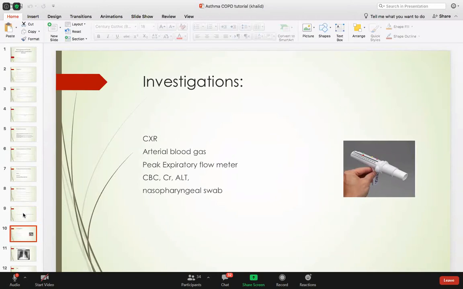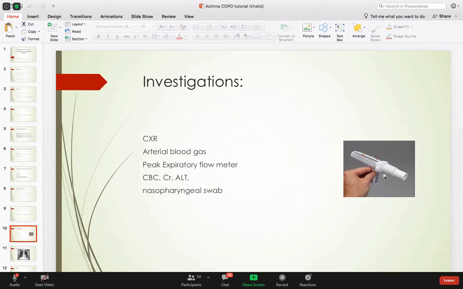So, reasonable investigations: chest X-ray, we talked about why, looking for a trigger or another explanation for the shortness of breath. We talked about arterial blood gas, and we're gonna talk about the findings shortly. Peak expiratory flow meter. This is not a pulmonary function test. This very simple device is basically to test the peak expiratory flow.